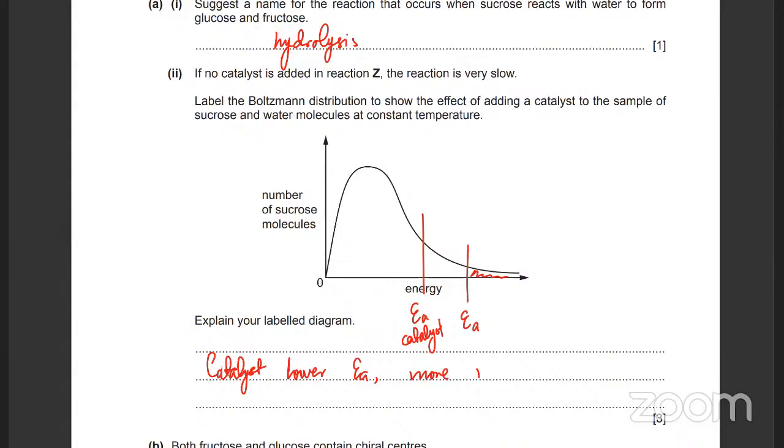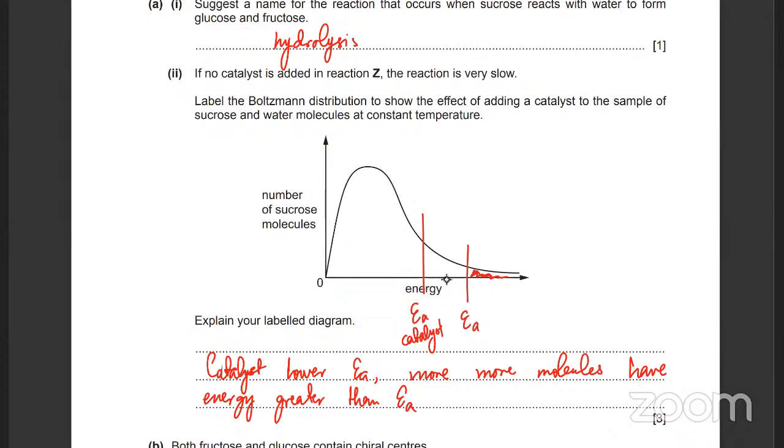Now more particles or more molecules have energy that is greater than the minimum required energy, than the activation energy. Previously only these particles were energetic enough, but now it's a lot easier for the reaction to happen.